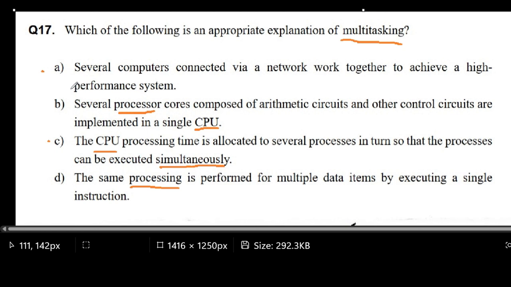Now, at the start, I was saying that letter A seemed to be also okay because you got several computers that work together to achieve a high performance system. And if you think about it, you have several tasks, and each of those tasks you put to any of these computers. So each of them would be doing the task, and in that way, that's kind of multitasking too.